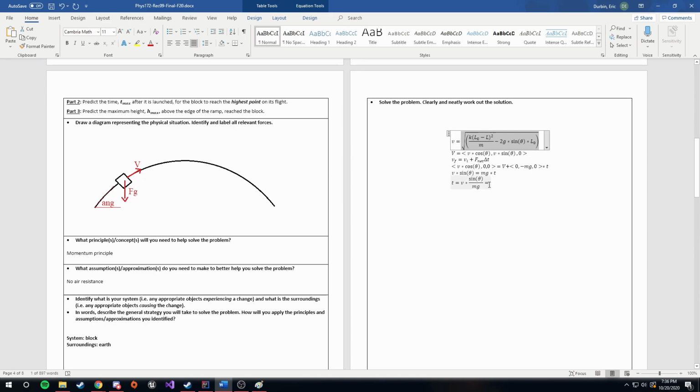Oh my god. Alright, well this sucks. Wait, isn't it going to be f net over m delta t? Sorry. Yeah.